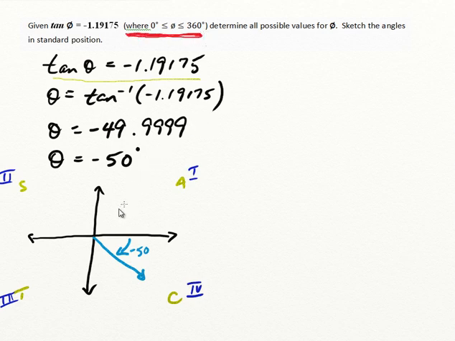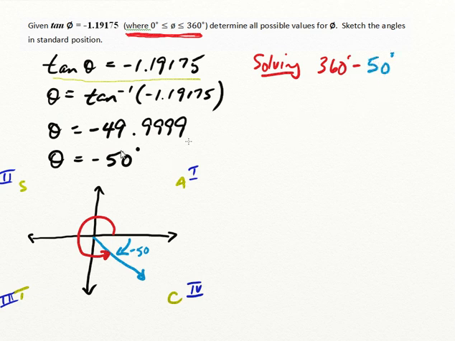So I guess the only thing we need to do is find an angle that matches this restriction. To find the first angle, what is the positive coterminal angle for negative 50? That is, what other angle has that as its terminal arm, except instead of going in the negative direction as negative 50 would, we're going to go in the positive direction. Solving for that angle, what is 360 degrees minus this 50 degree piece at the end?